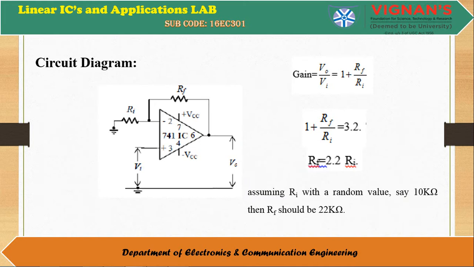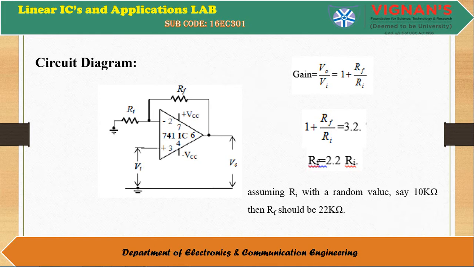So we all know the non-inverting amplifier using 741 op-amp circuit. For a non-inverting amplifier, we apply the input at the non-inverting terminal of the op-amp, that is 741. Here the non-inverting terminal is the third terminal, and the feedback is connected to the inverting terminal of the op-amp using RF and RI resistors.